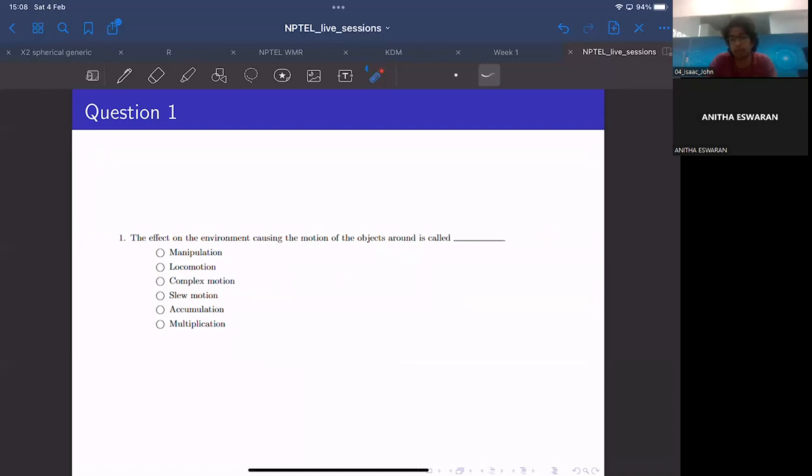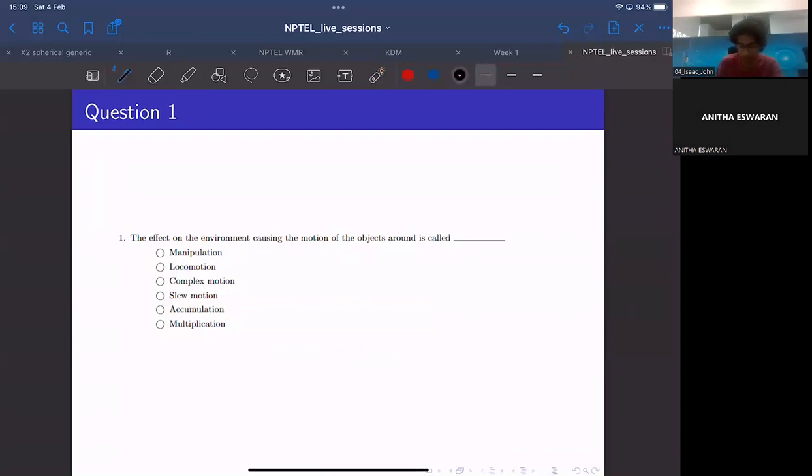Effect on the environment causing the motion of the objects. Locomotion, sir. Are you sure? Because we have a robotic system. Sir, locomotion is what? It's manipulation, sir. Could you decide on one of these options? Okay, sir. I'll just give you a brief overview.